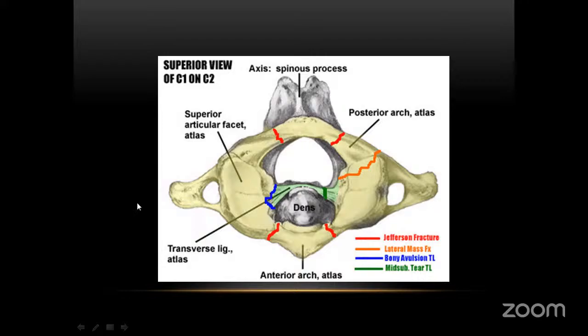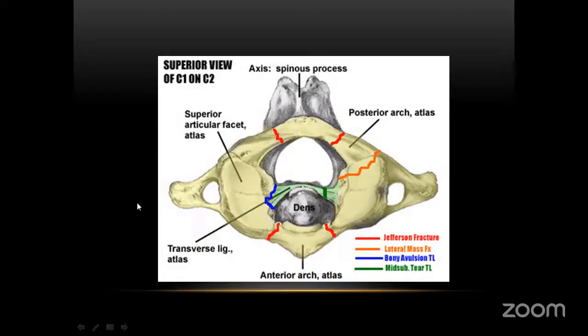So external immobilization for Jefferson type 1 and type 2 or Landell type 1. Mostly they are stable fractures and they will be managed conservatively with external immobilization. What is meant by external immobilization? With the help of the collar.